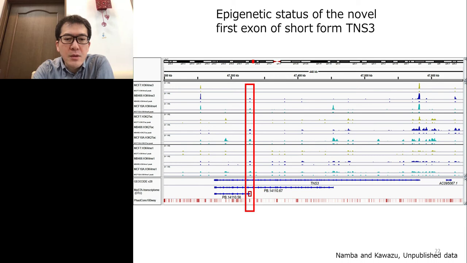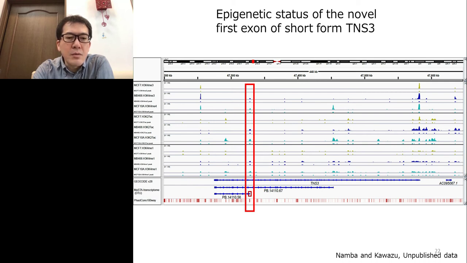The genomic sequence of the first exon is conserved among the vertebrates, and peaks of chromatin modifications associated with promoter function or enhancer function were observed at the site of this first exon in triple-negative breast cancer cell lines or normal mammary epithelium.